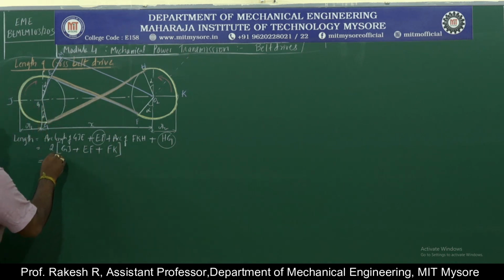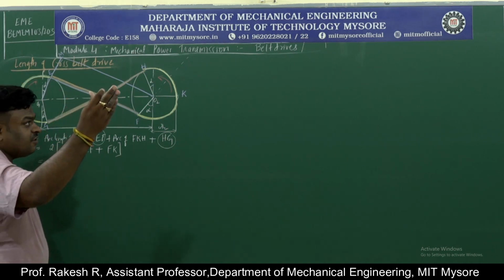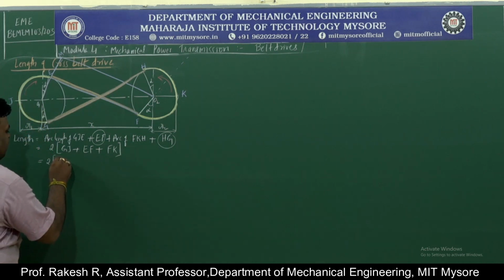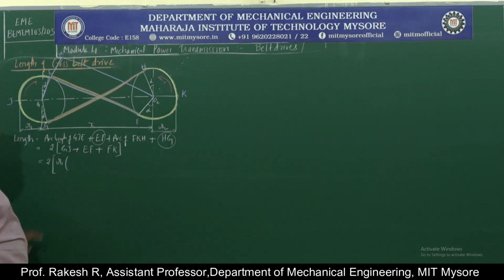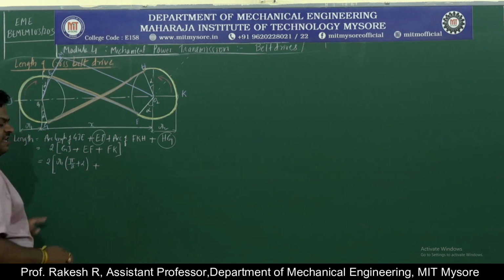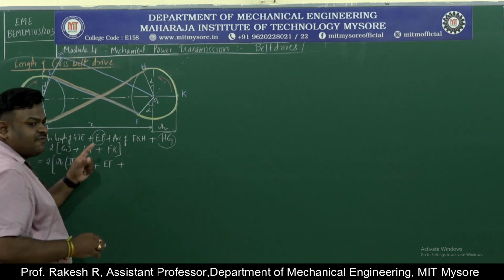Then 2 into what is the arc length of GJ? Again S is equal to R theta. So what is R here? It is R1 into theta, which is nothing but pi by 2 plus alpha. You have to take the angle here, pi by 2 plus alpha, plus EF, let us calculate later, plus FK.